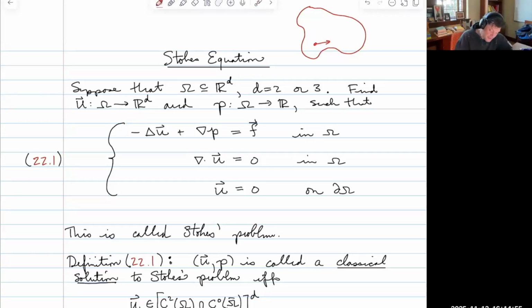So at each point in space, I have another vector, right? And so maybe this fluid flows around the container like this. Okay, so it kind of swirls around this container, and our container is our domain omega. So these guys are the velocity u at different points. So we call this a velocity field.